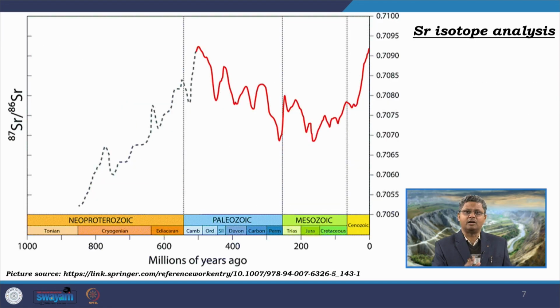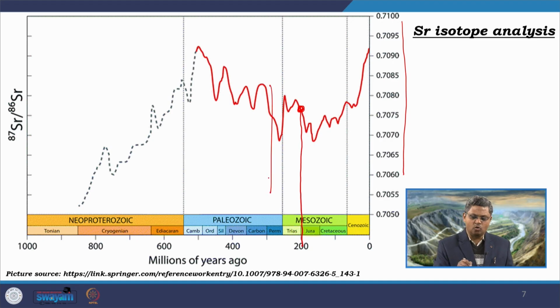This is the curve that I am referring to. As you can see, these are the different ratios. Say, for example, in our sample we get a ratio lying somewhere here. So, straightway we get the age. Anywhere you calculate this ratio in your sample and compare it with this curve, you get a tentative age.